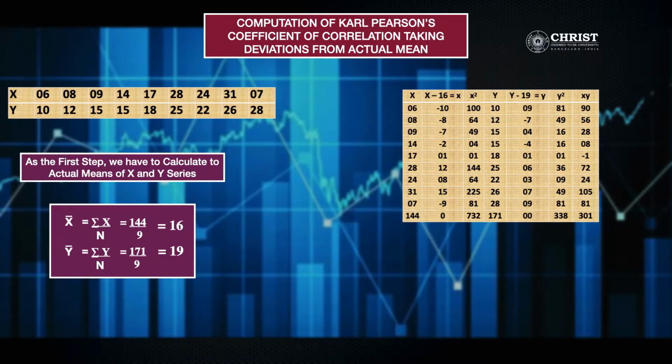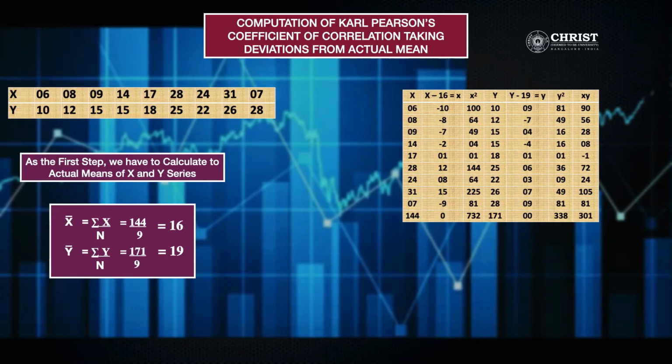Then you take the squares of the x deviations: 100, 64, 49, 4, 1, 144, 64, 225 and 81. The total is 732, and we are going to use this value in the equation. Similarly, the mean of y is 19. We take deviations, denoted as small y, and here also there are minus and plus signs.